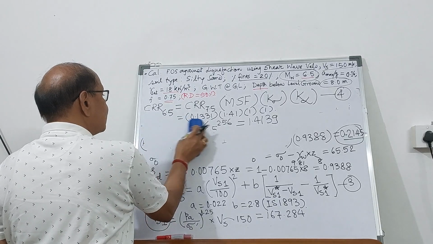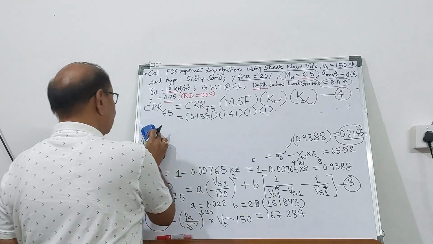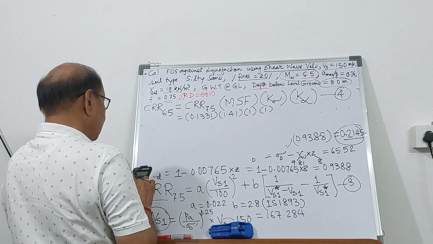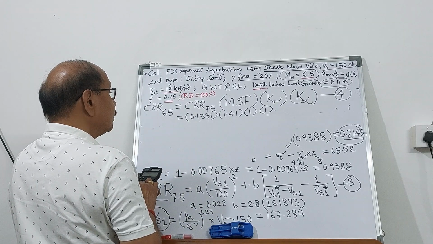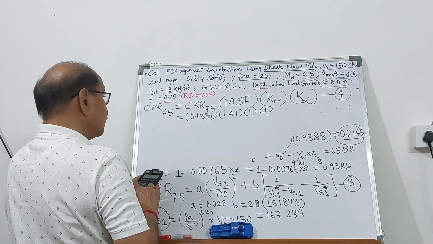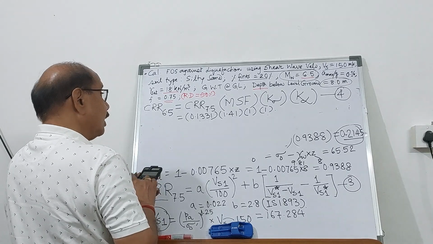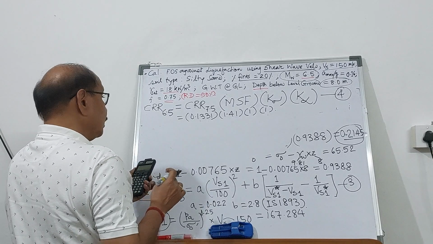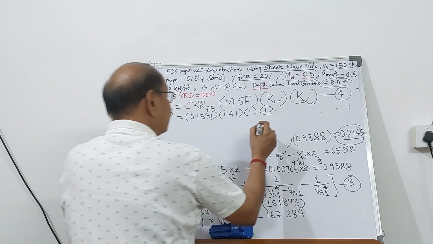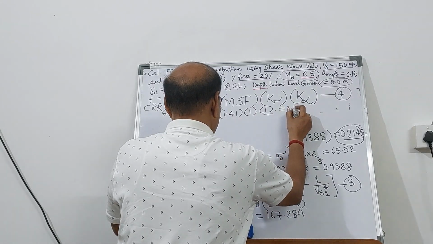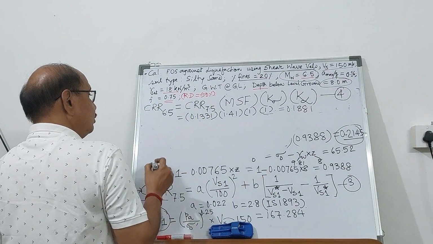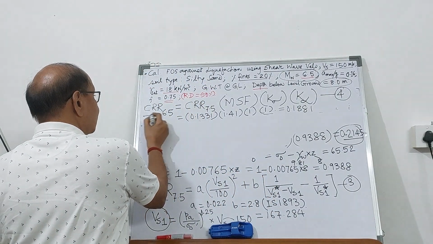If you calculate this, you are going to have 1.41 multiplied by 0.1331, and for level ground K alpha is always 1. This comes out to be 0.1881. So this is the value of CRR for 6.5.